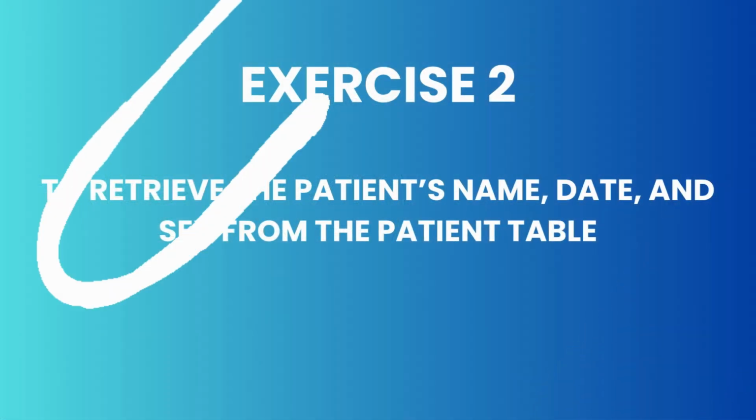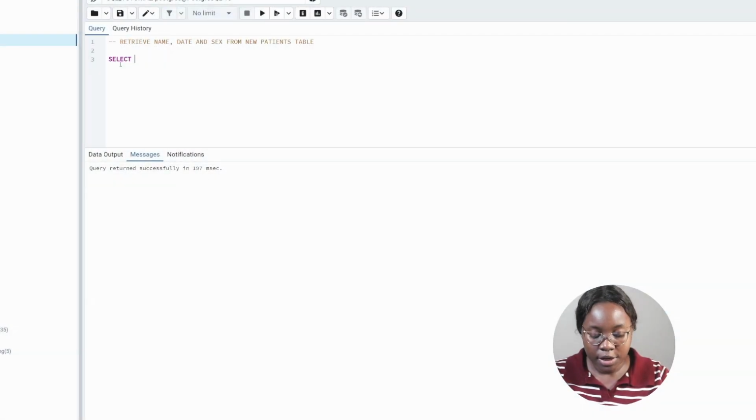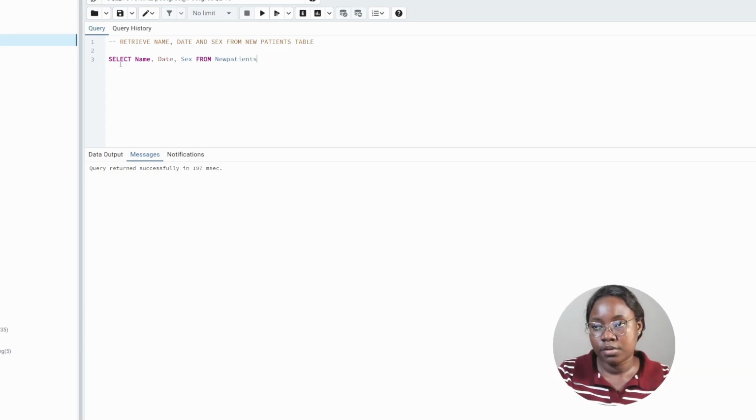Say we want to retrieve the patient's name, date, sex from the patient's table. So we say select. Here you list the column name. So we say name, date, and sex from new patients, which is our table, and you run this code.